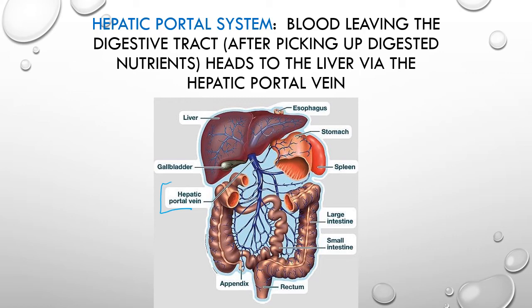Essentially, the liver is there for detoxification. The liver is there for production of things like our cholesterol. It's there for lipid metabolism. It has many, many functions within the body itself, but it's getting all of those nutrients directly from the digestive tract in terms of absorption in through that hepatic portal vein.